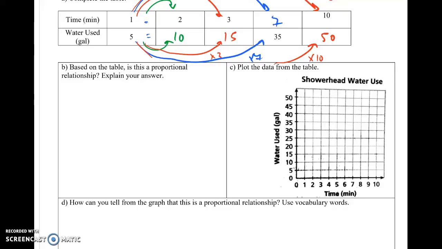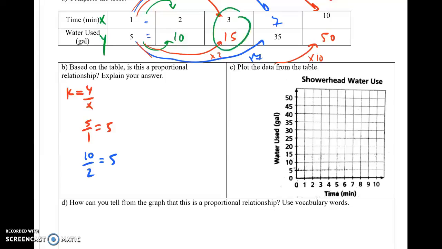In our table, this is our x value, this is our y value. So your formula for the constant of proportionality is k equals y over x. Let's start with the first column. We're going to have 5 over 1. That's 5. Second column, we have 10 over 2. That's also 5.